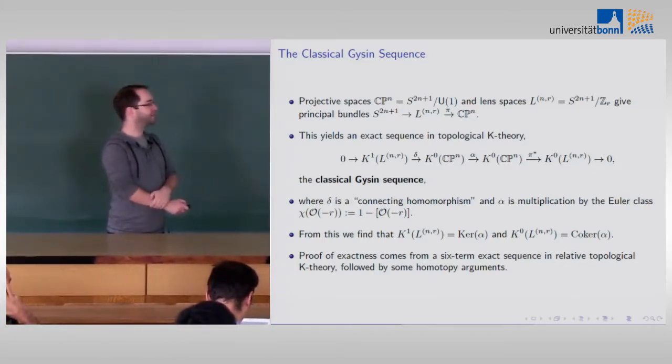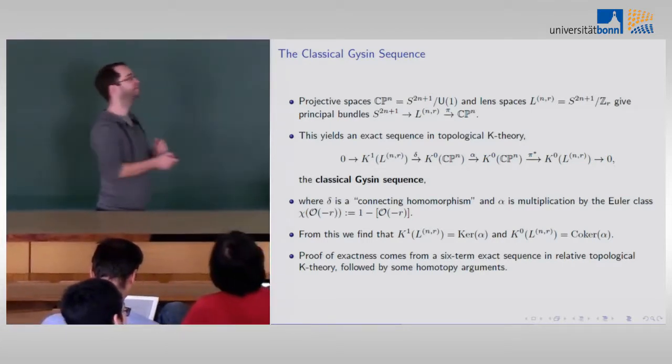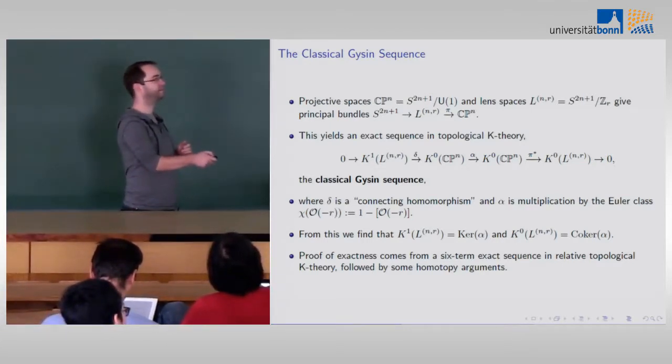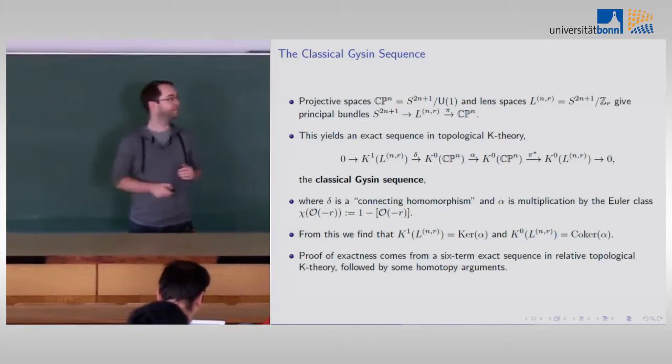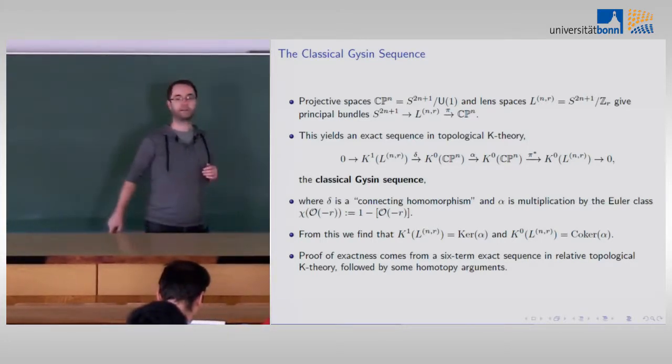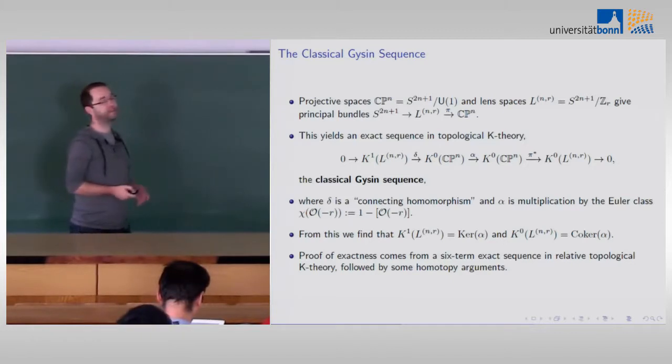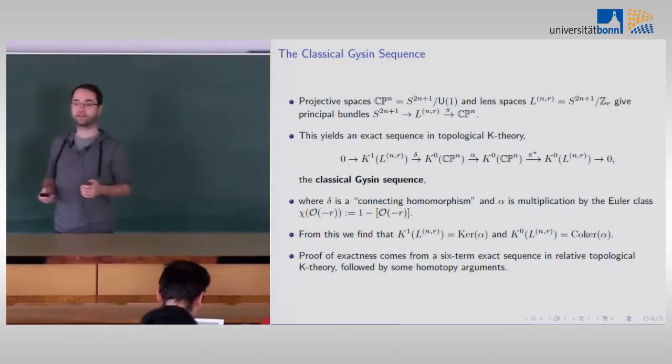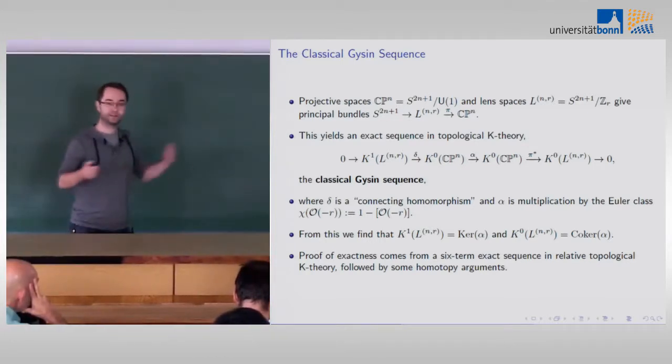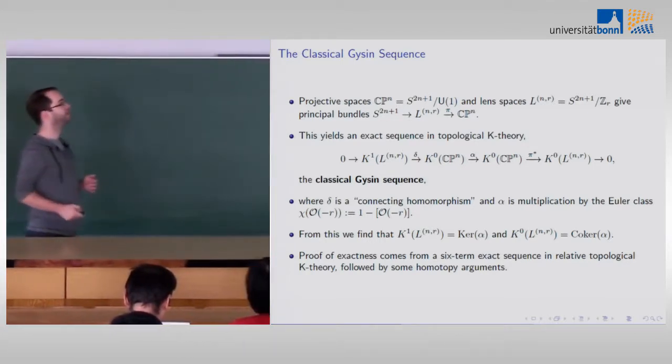This gives me a 6-term exact sequence in relative topological K-theory, and what I do is I make some homotopy arguments to reduce to this sequence. So the key word here is homotopy. I start with a sequence that I know is exact, and then I homotope it into this one. So that's the strategy of the proof. And you'll see that coming up a little bit later.